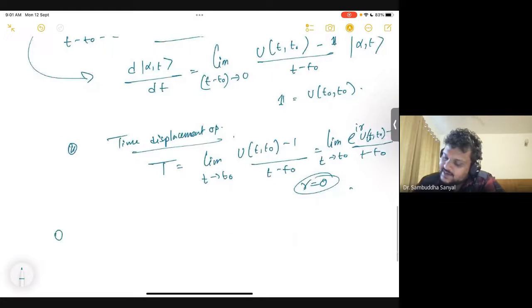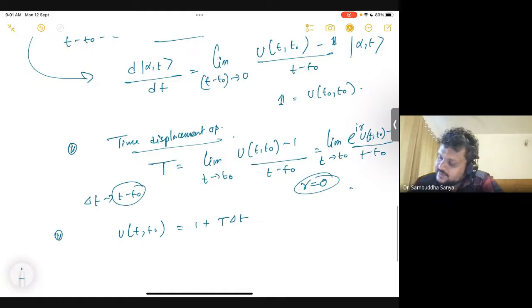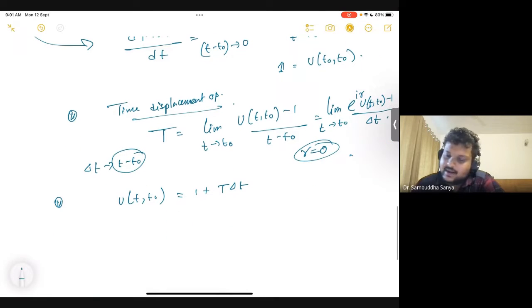So I can now write, just like before, U t t naught as 1 plus T delta t. Here delta t is basically t minus t naught. Now I want to similarly impose that U dagger U is equal to identity.